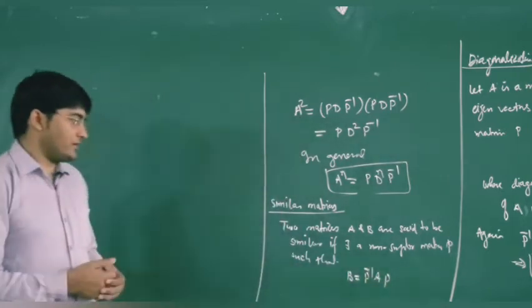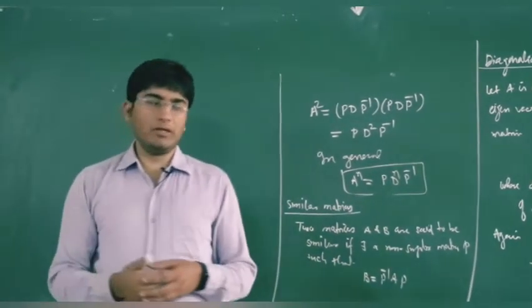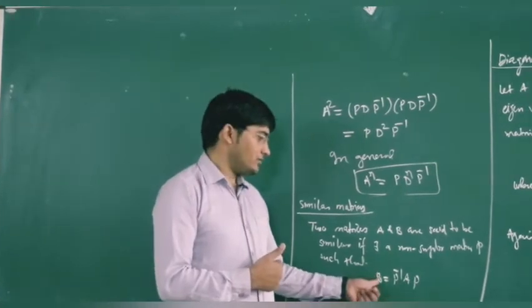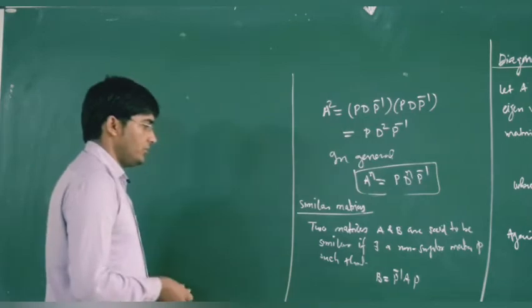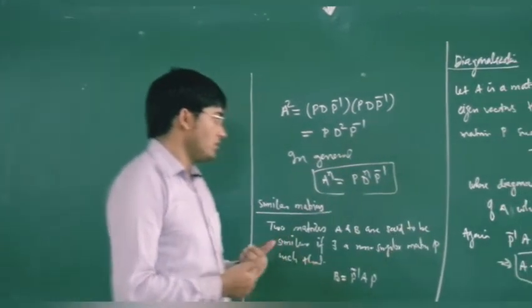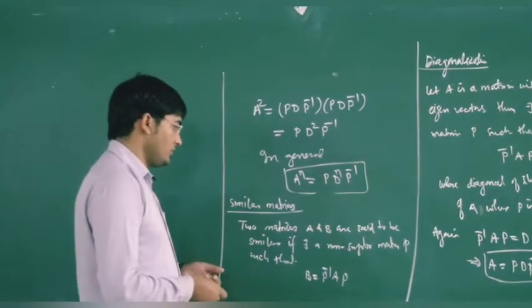So if there is a matrix P such that B equals P inverse AP, then we will say that our B is similar to A. For example, here in this case, our A is similar to the diagonal matrix D.